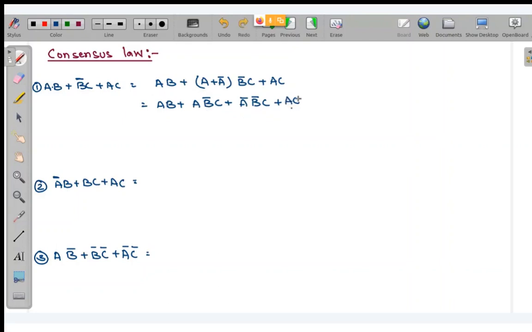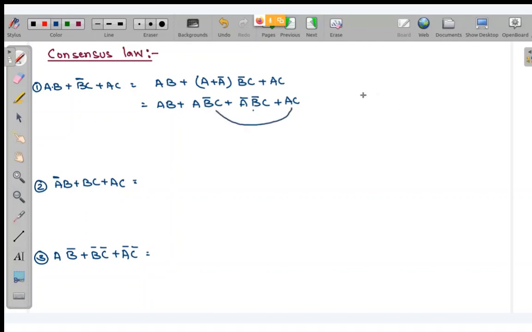Let us club any one of the following. It's okay, eventually we will get the answer. This two we can club, so we will be getting, no, it will not be helpful. So these two let me club.